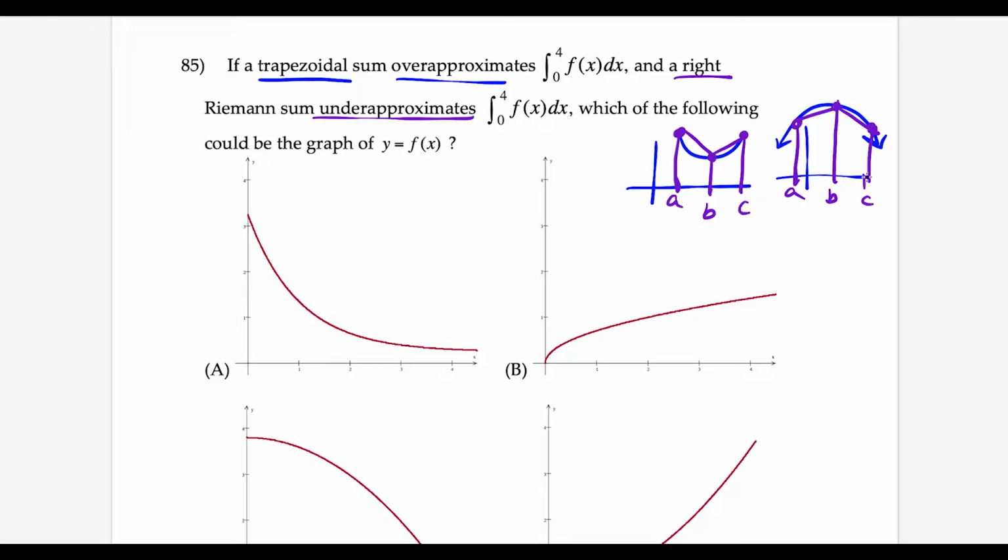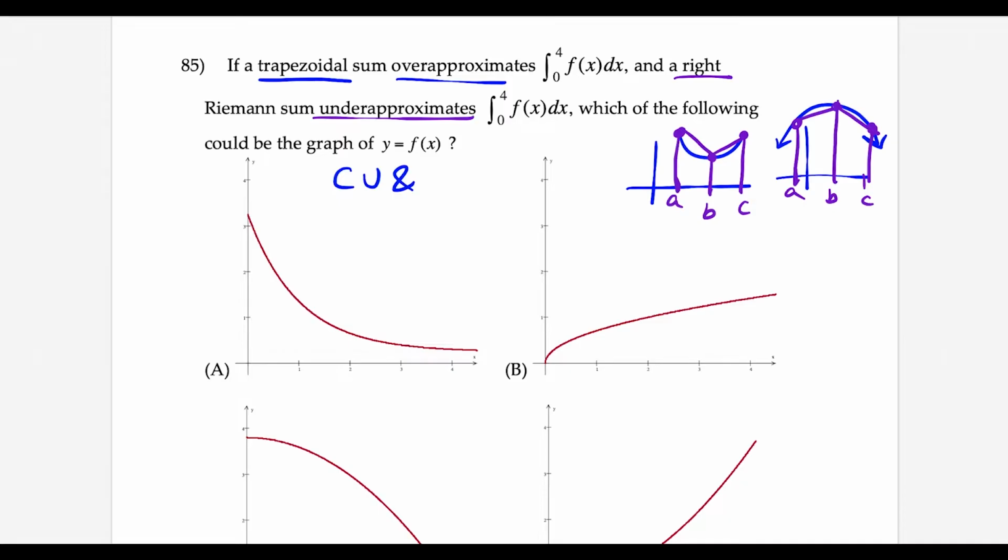What does matter is concavity for trapezoid sums. On a concave down curve, the trapezoids under approximate. So if the trapezoid sum over approximates, what I know so far is that we have something that's concave up. So we need a graph that's concave up.